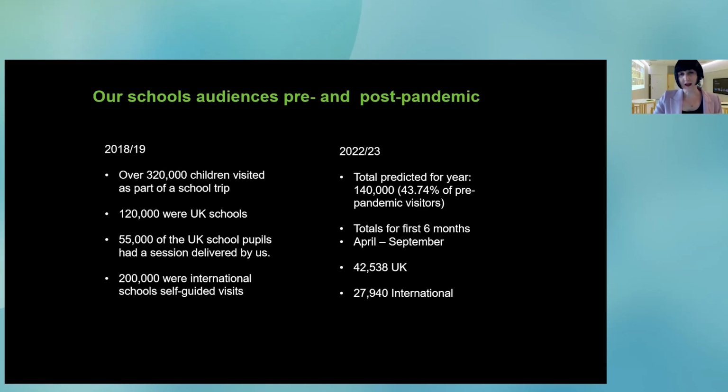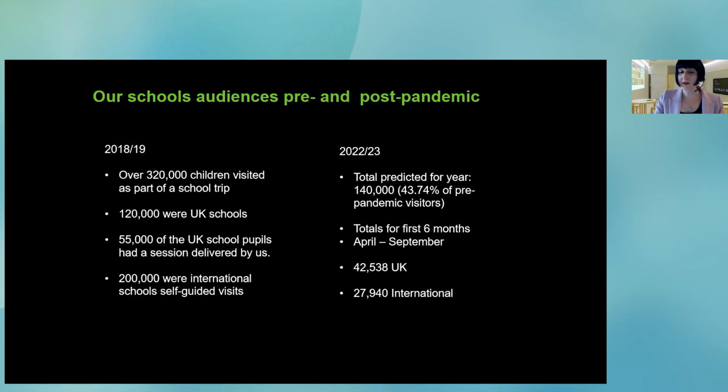And then this year, just to give you a snapshot of how the recovery is going at the British Museum, the total we're predicting for this year is around 140,000 school pupils, which is about 43% of pre-pandemic visitors. And the totals for the first 6 months of this financial year, from April to September, are 42,500 UK pupils have come already, and approximately 27,900 international pupils.